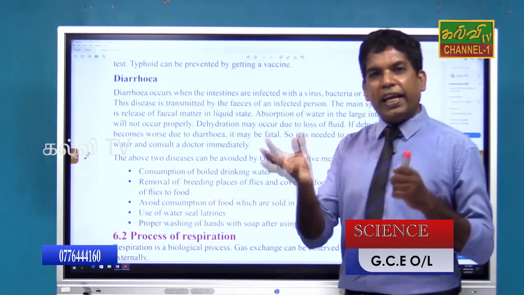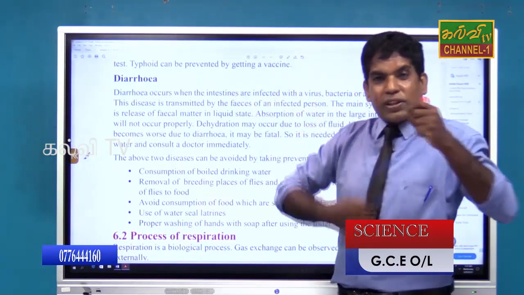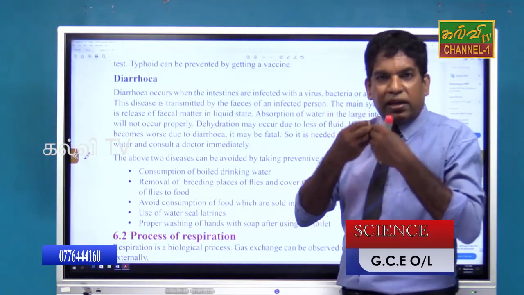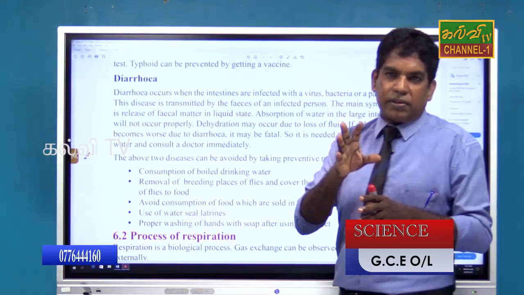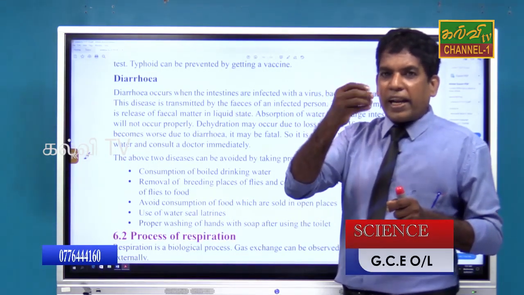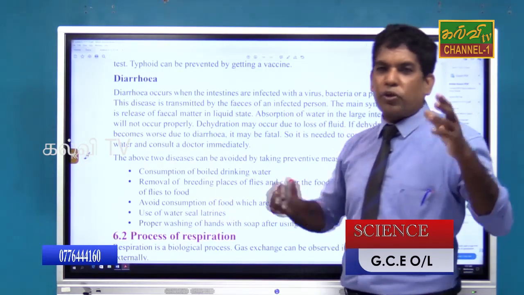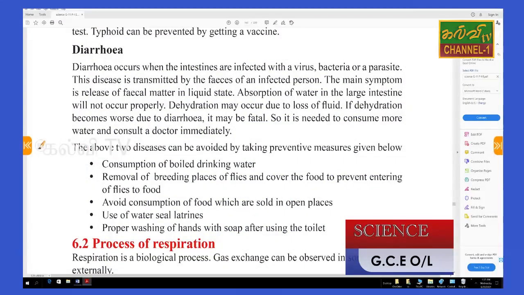Typhoid also sometimes damages the intestine with internal bleeding, and blood can be excreted with the stools. Diarrhea is the same thing. We can avoid it by not consuming unboiled drinking water, and by keeping away flies or covering food.